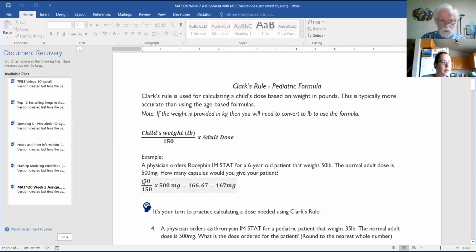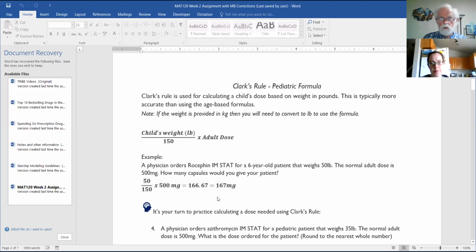In this example, we have a 50-pound patient. If you're given the weight in kilograms, convert it to pounds by multiplying by 2.2. Then divide 50 by 150 times 500. We're not going to give this exact weight to a patient, so instead of 166.67, it can be rounded off to 167 milligrams.